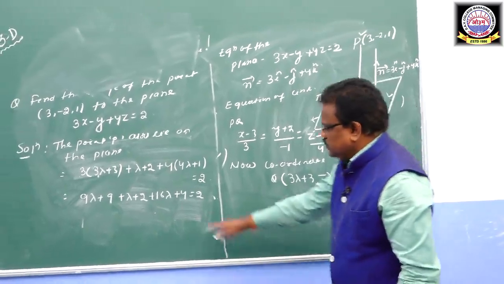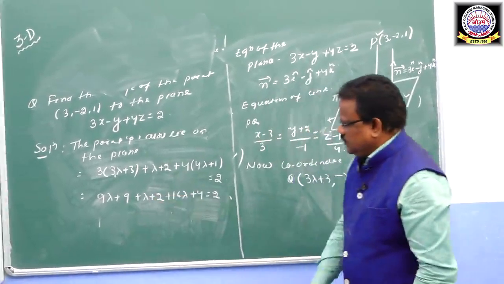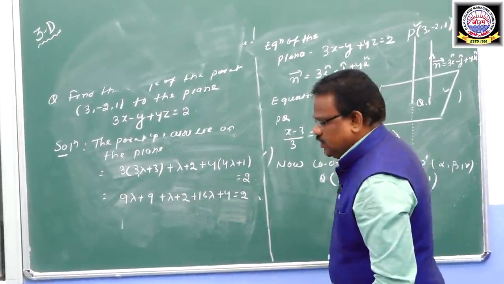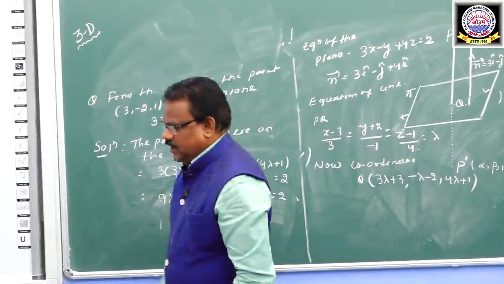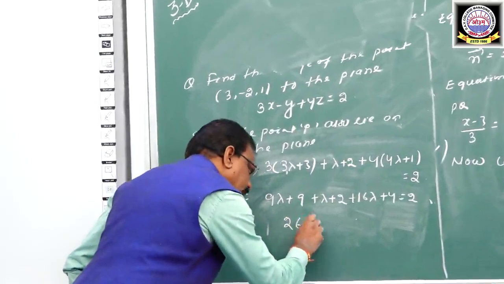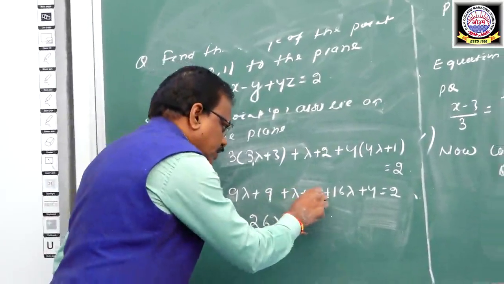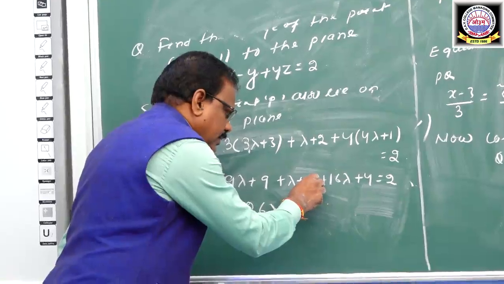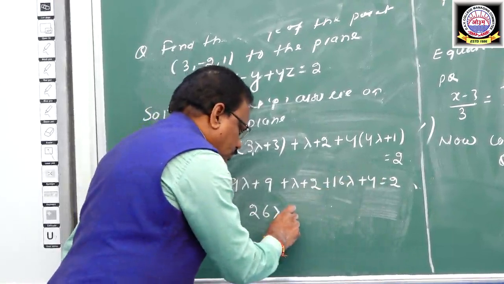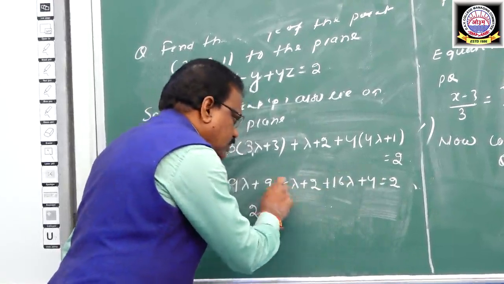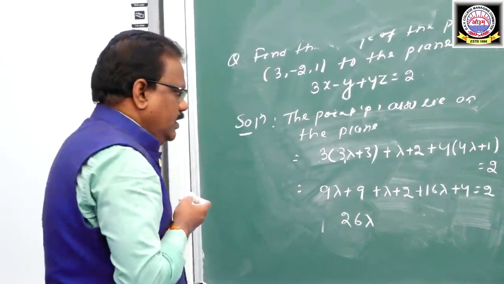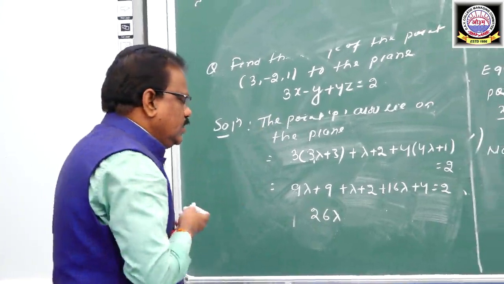So 16 plus 1, 17 plus 9, 26 lambda. 9 plus 2, 11, 11 plus 4, 15, and on this side 2 is there.